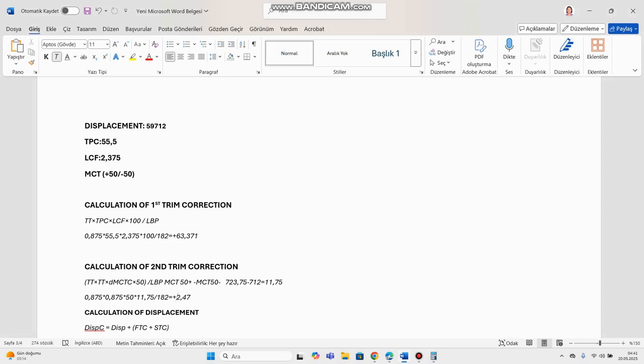After making these two trim corrections, we will find our corrected displacement. Let's find this.